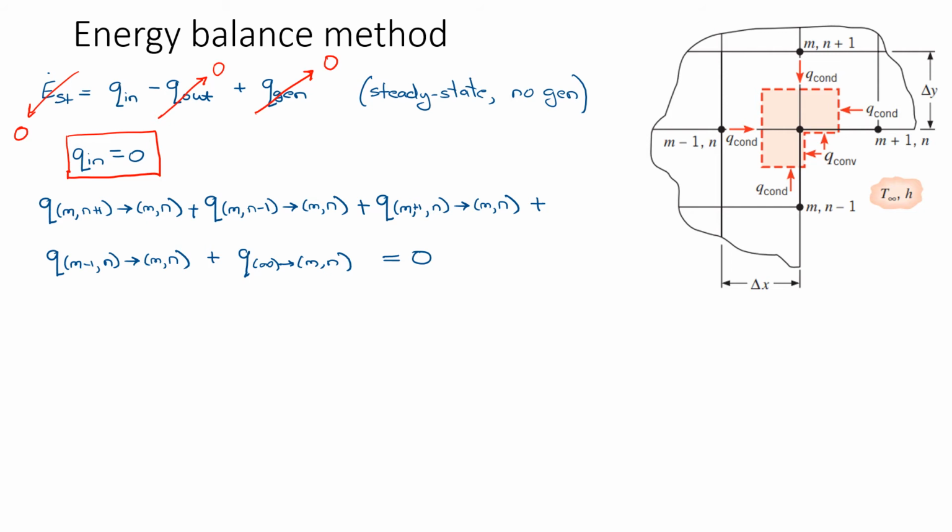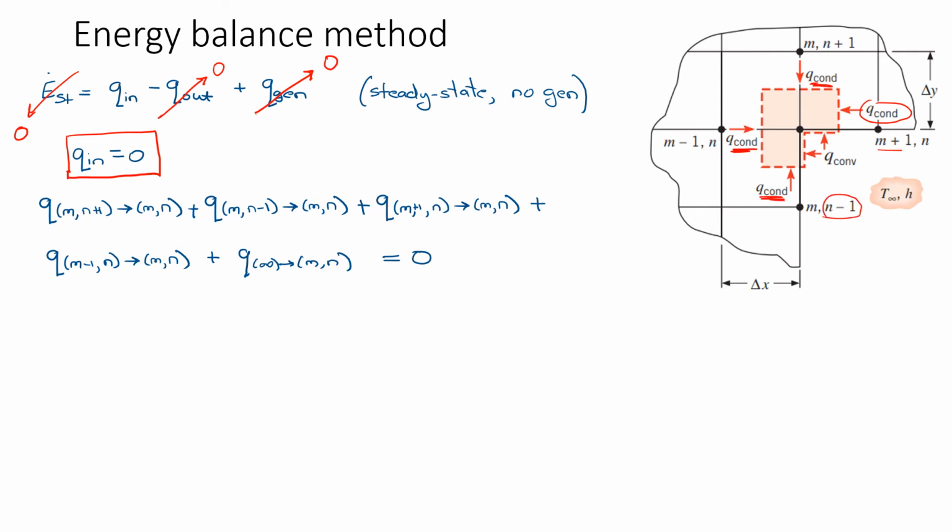Now, how will you write Q in? You have five heat transfer rates by which heat is being transferred into this particular control volume or element. One is conduction from n minus 1, one is conduction from n plus 1, one is conduction from m plus 1, and one is conduction from m minus 1.